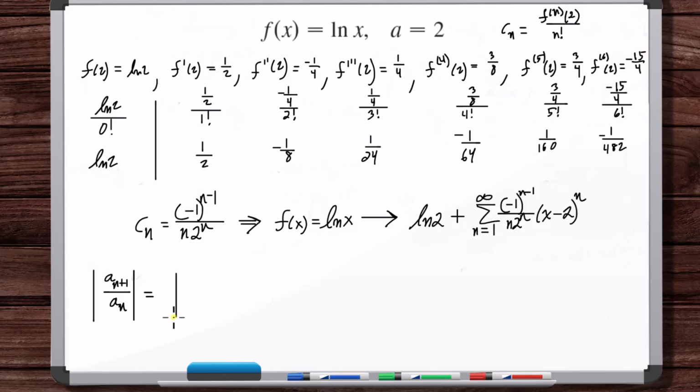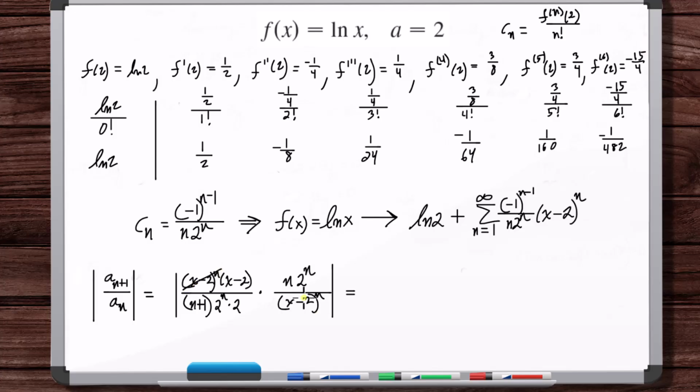So the minus 1 to the n minus 1 goes away. We've got x minus 2 to the n plus 1, so we'll put that as x minus 2 to the n times x minus 2, and then n plus 1, and then 2 to the n times 2 is 2 to the n plus 1. Okay, then we've got n, all right, and then x minus 2 to the n.